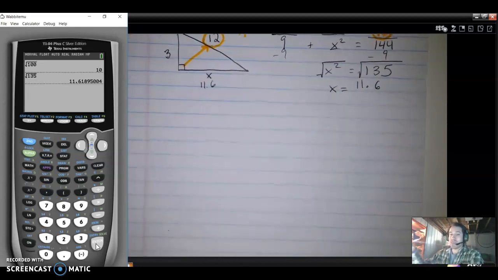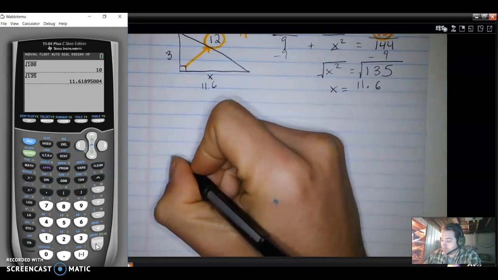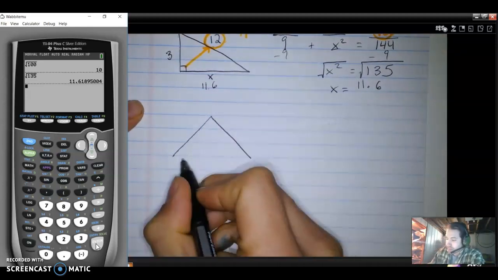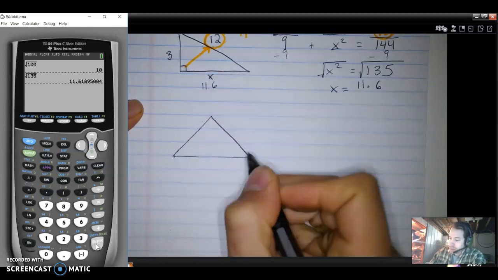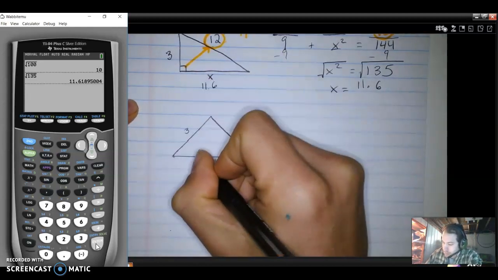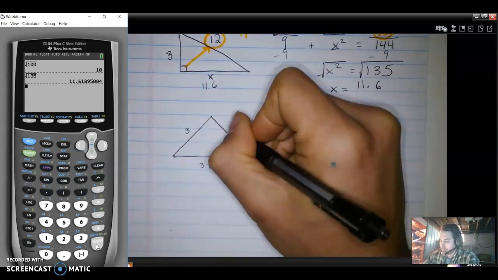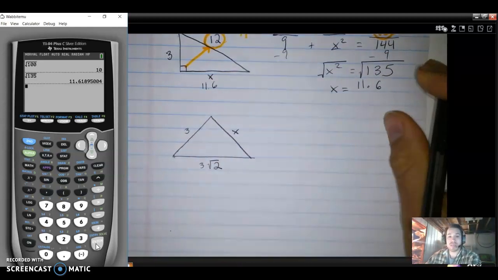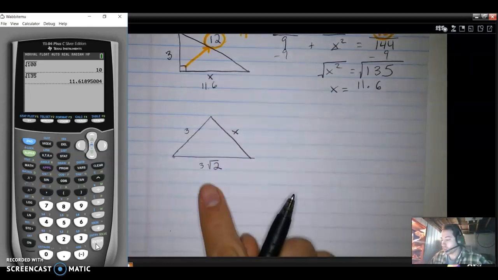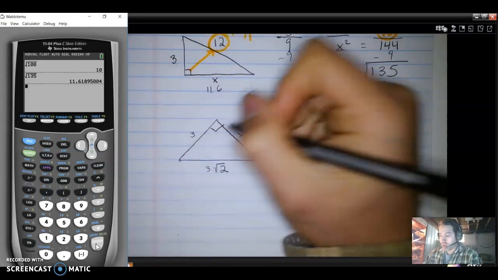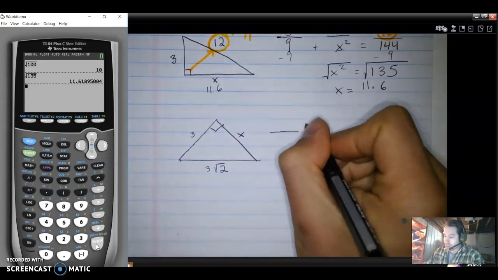Now our last example, and probably our most difficult today, is going to be this example. Notice it looks crazy because we have this here, but do not stress about the radical. We're still going to do the same steps.